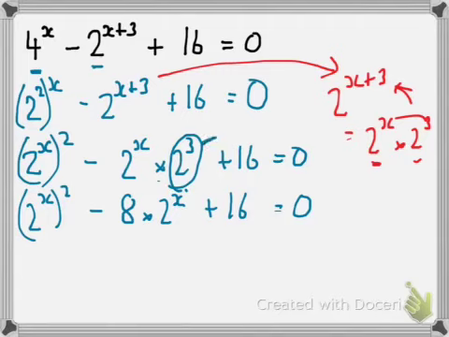Alright, now it's in quadratic form. The whole four lines there have been trying to get this in quadratic form, because now I can let a equal 2 to the power of x. We'll go over to the next slide now and continue.